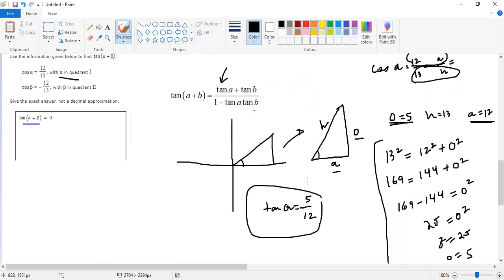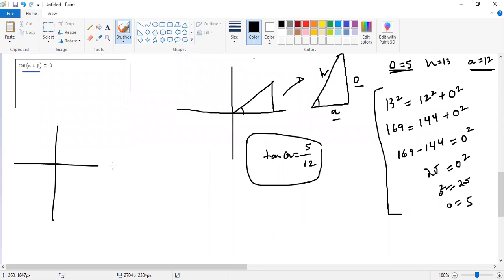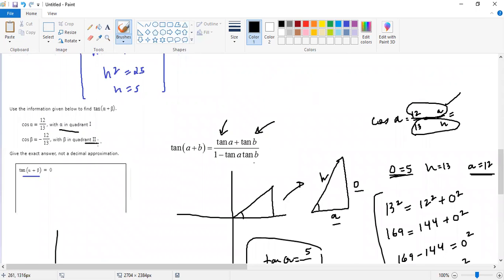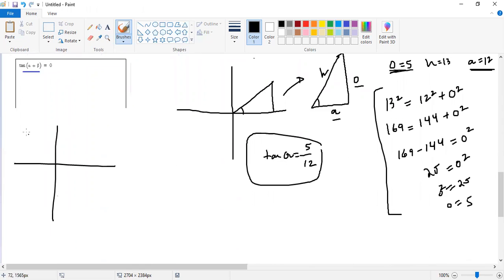And now we're looking for the tangent of B. So same process. B is in quadrant 2, so we're looking at this triangle here, and it looks something like this, and we're going to draw an angle. We have an opposite side, an adjacent side, and a hypotenuse.